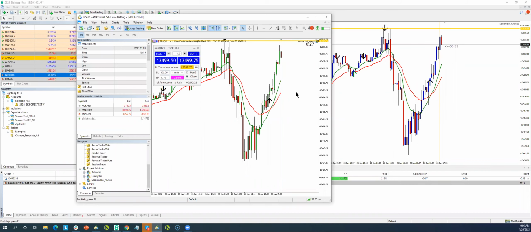It may consolidate, come back, chew around, and if it regenerates momentum, then it's very likely it's going to trade higher.